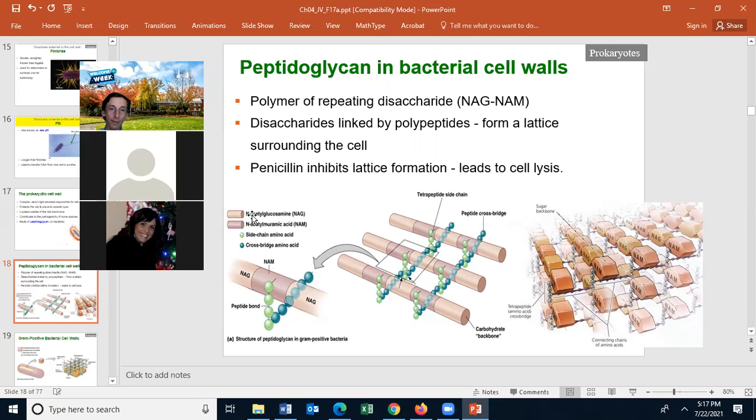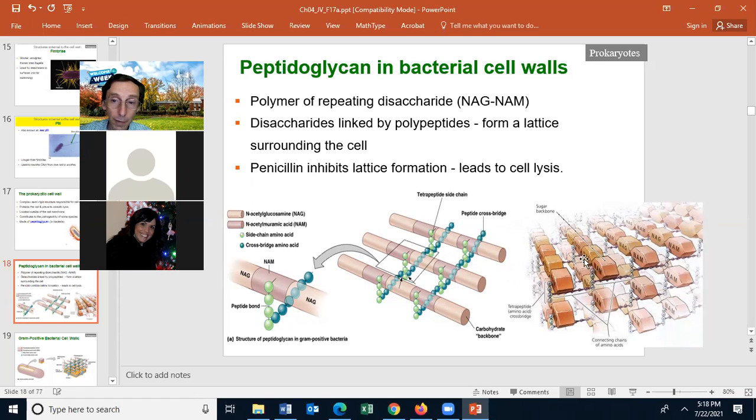You can use either one because I'm sure both mean about the same to you. But this is NAM, followed by NAG, followed by NAM, followed by NAG, and it just repeats. And then peptidoglycan is a polymer of these two sugars.